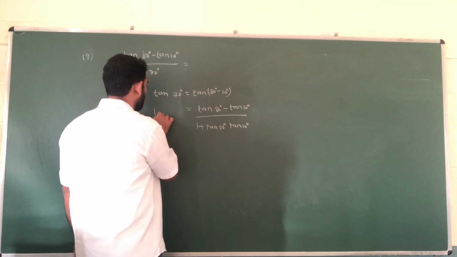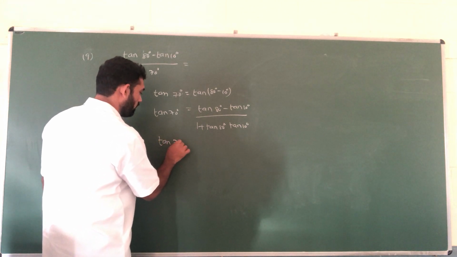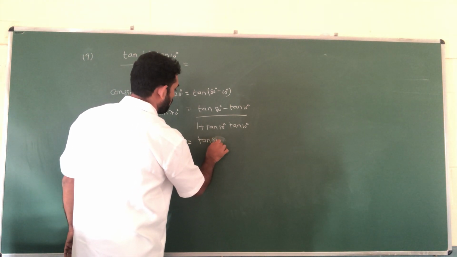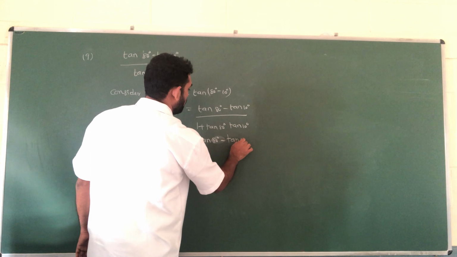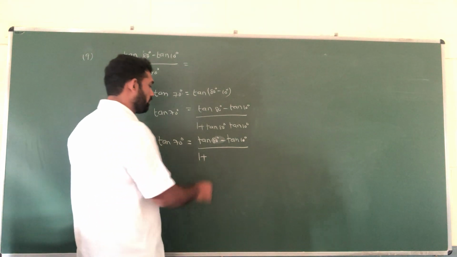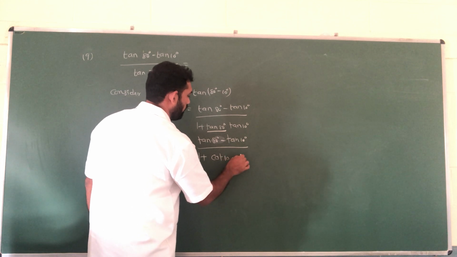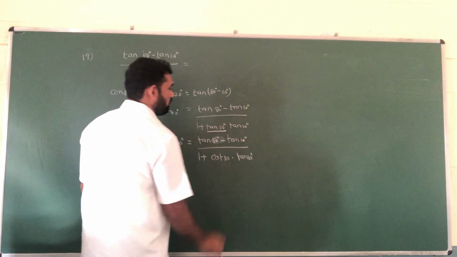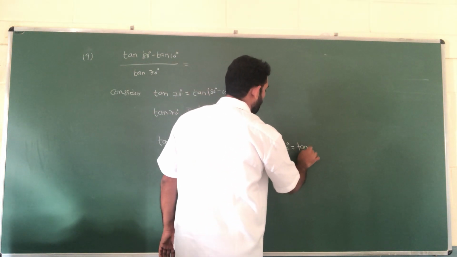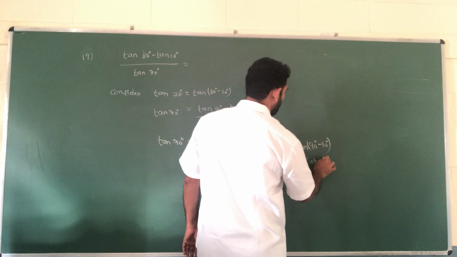So it is equal to tan 70 degrees. Here tan 80 degrees can be written as cot 10 degrees, so tan 80 equals tan(90 degrees minus 10), which simplifies to cot 10 degrees.